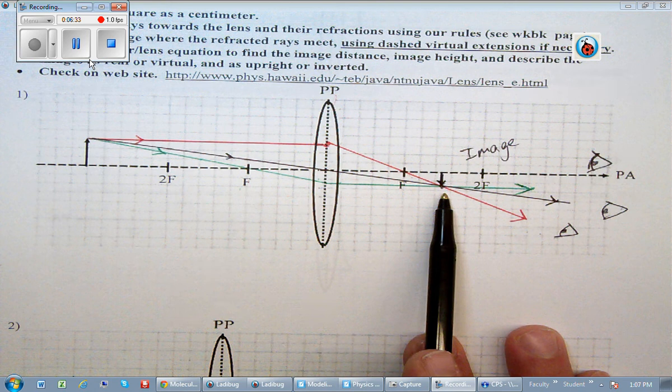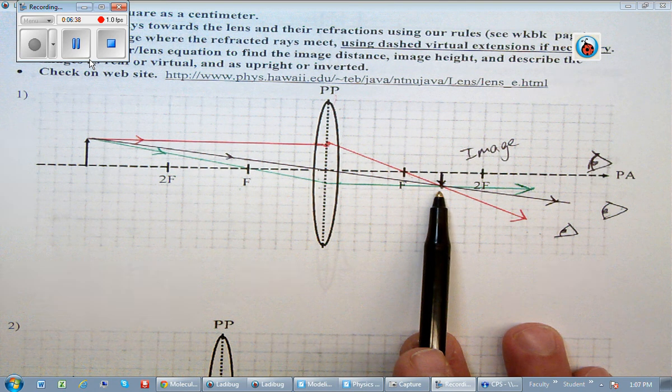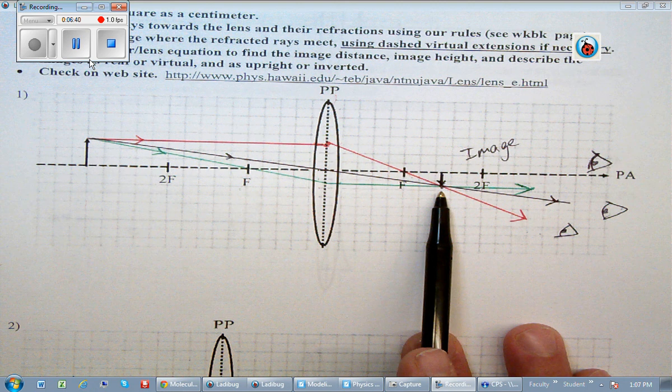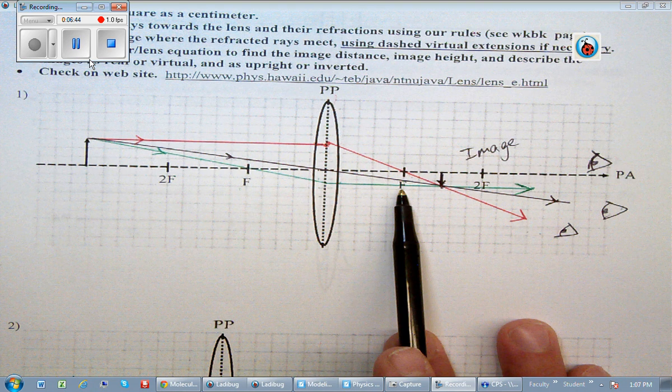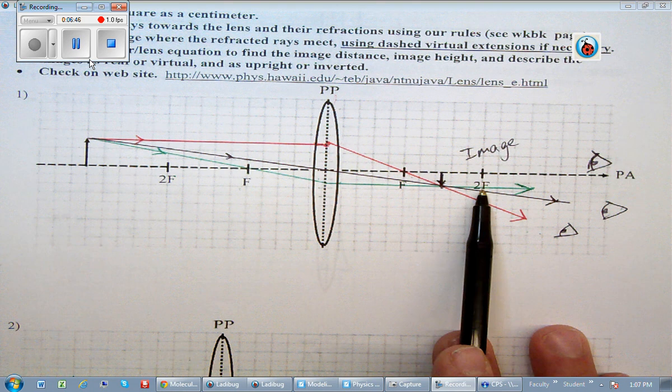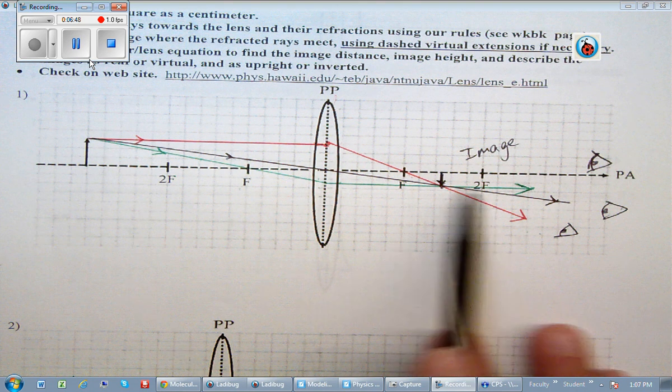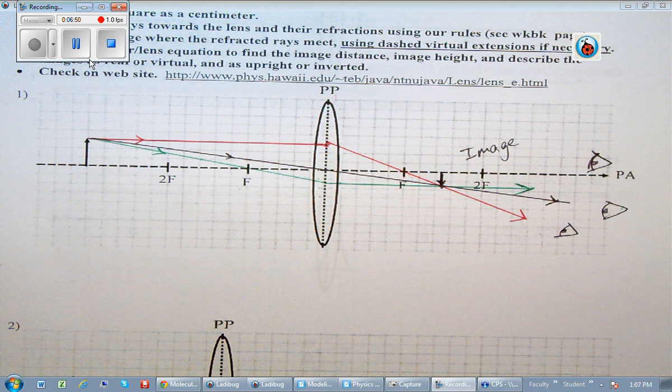The eye doesn't tell the difference between real and virtual, but we would know the difference on a piece of paper. And it's also shorter, and it is located between the focal point and what we call the 2F location. The 2F is just twice as far from the lens as the focal point is. So that's how we draw a diagram, in this case for an object that is fairly far from the lens.